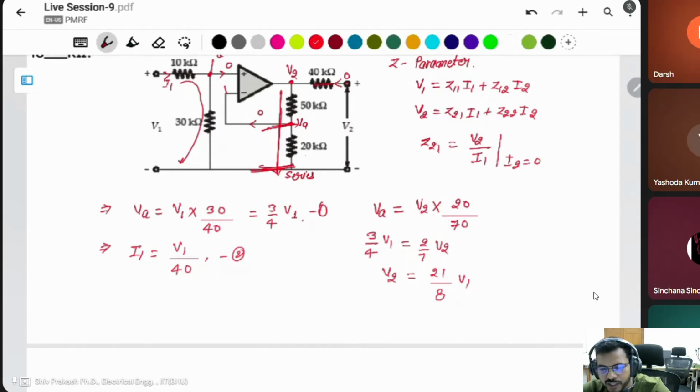But the question is asking about Z21. Z21 impedance parameter will be V2 by I1. What is V2? V2 is 21 by 8 V1 divided by I1. I1 is V1 by 40. V1 will be cancelled out.